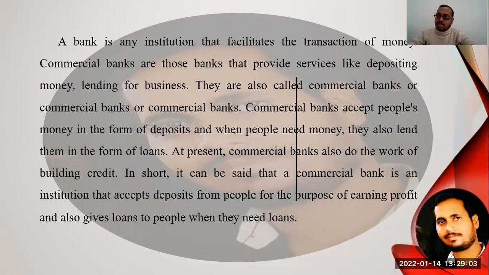As in earlier lectures, we discussed that a bank is an institution performing money-related or monetary activities. The commercial bank is specialized in accepting deposits and lending loans for businessmen, for business purposes, for the people and customers who are connected with these banks.